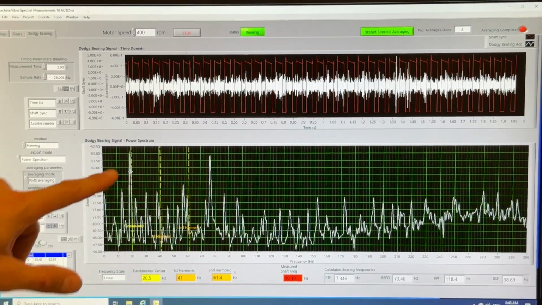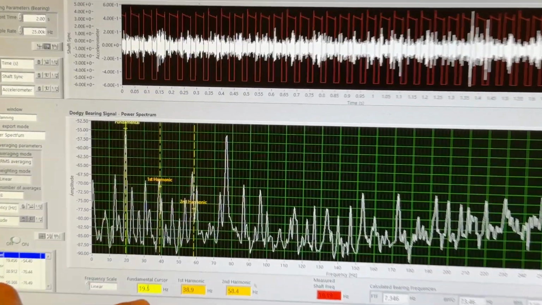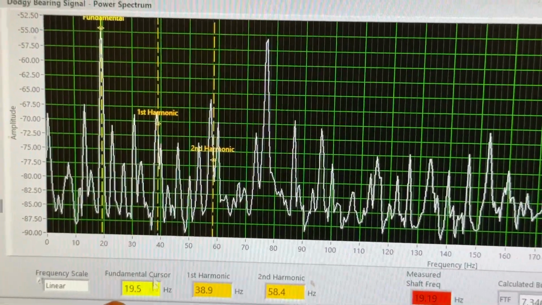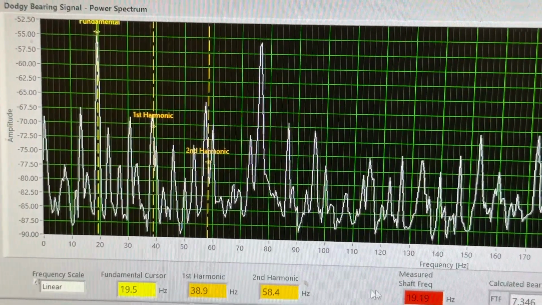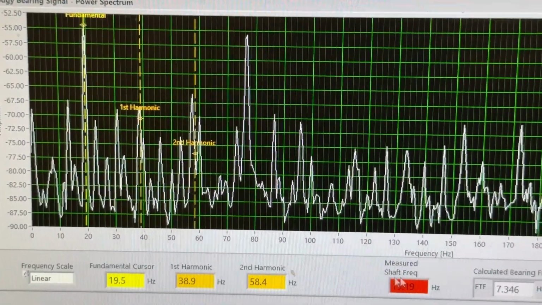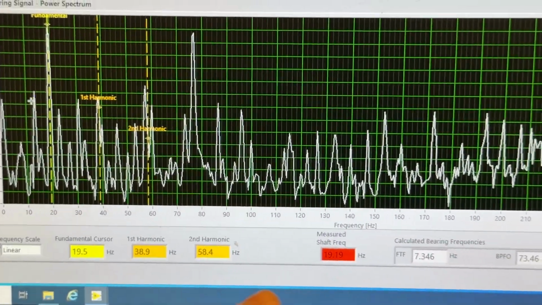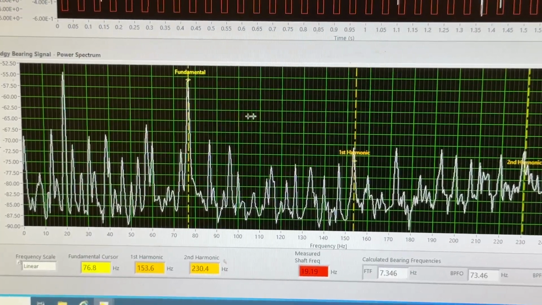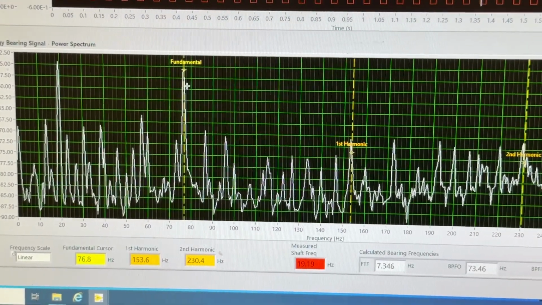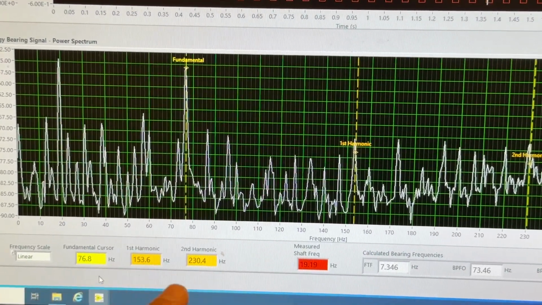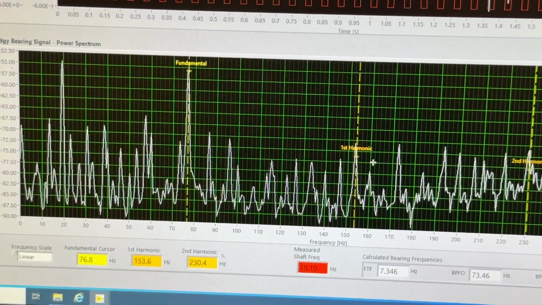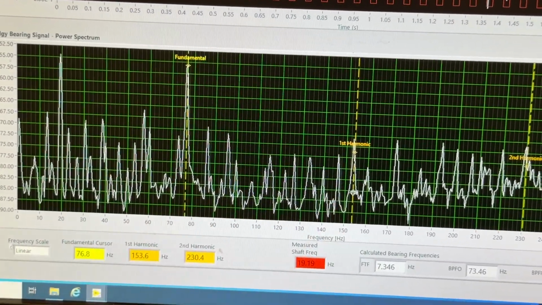So if I move this to this biggest peak here, we've got half hertz resolution. The first order cursor is at 19.5 hertz. That coincides with the shaft frequency. But there are some other components in this spectrum. In particular, there's a component at approximately 76, 77 hertz. This is related to the bearing damage in this system, and there's also a first harmonic over here.